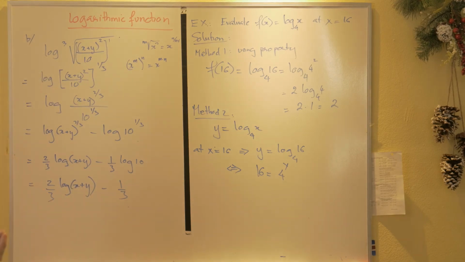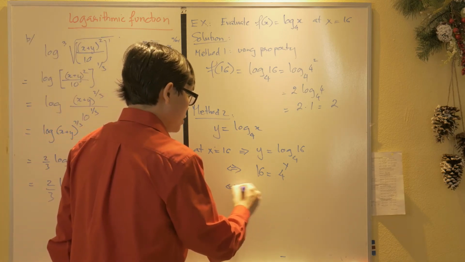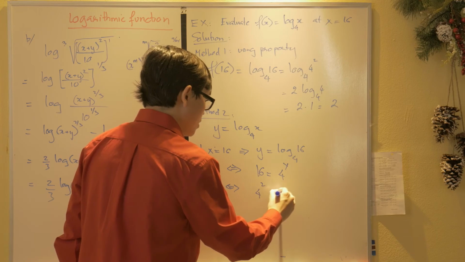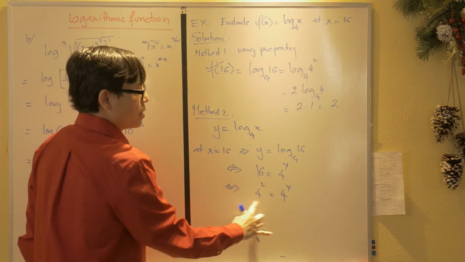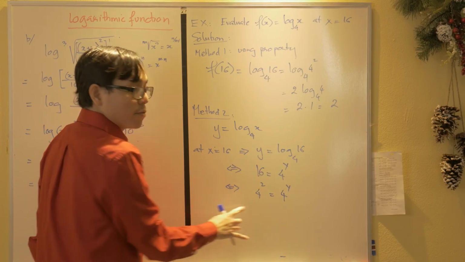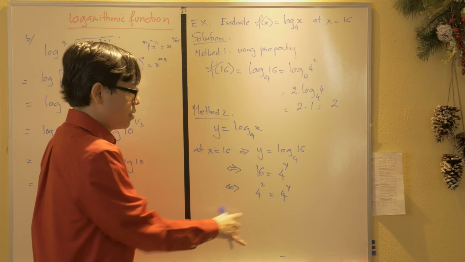And we use the equivalence property to get y. So 16, I can change it to 4 squared. Now you see that because the base is the same, you remember the equivalence property when we learned how to solve exponential equations?